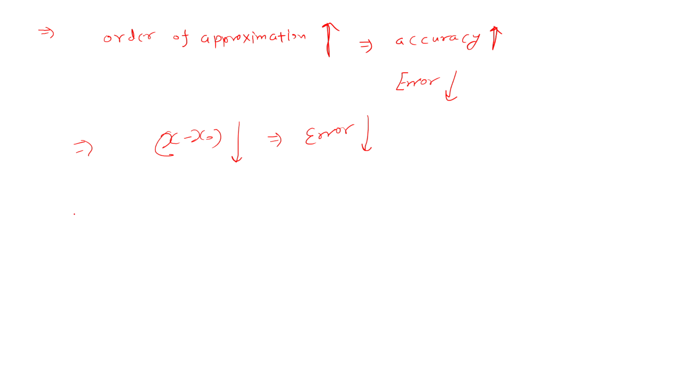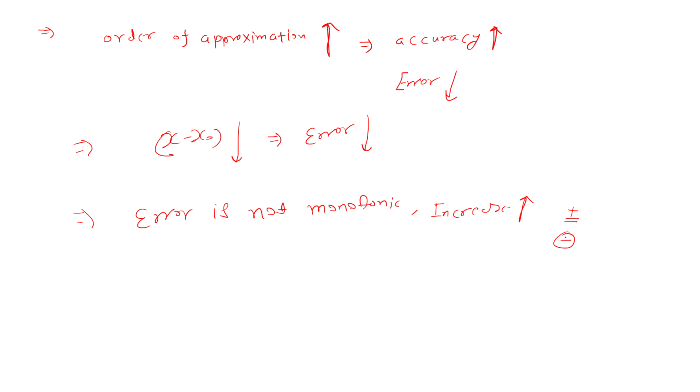One thing which I want to say is that error is not monotonic. So if I increase the order, it may be positive sometimes, it may be negative sometimes.